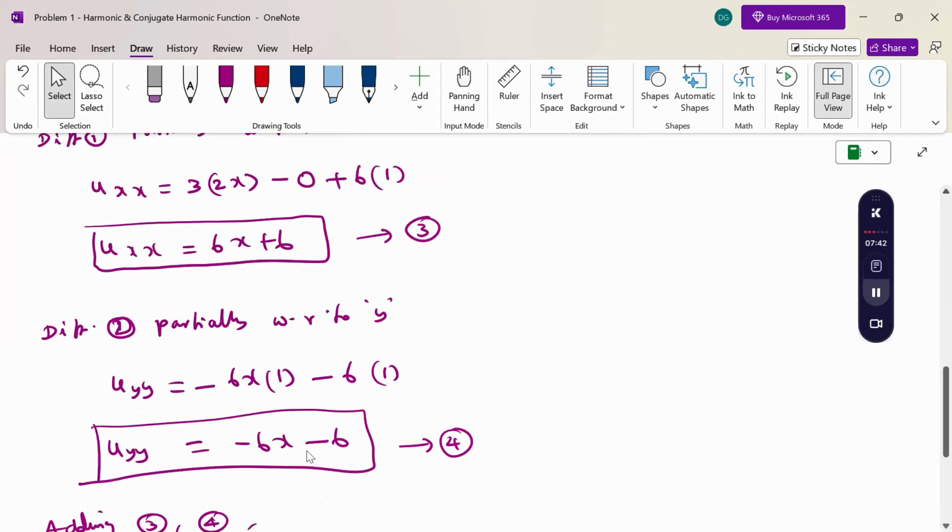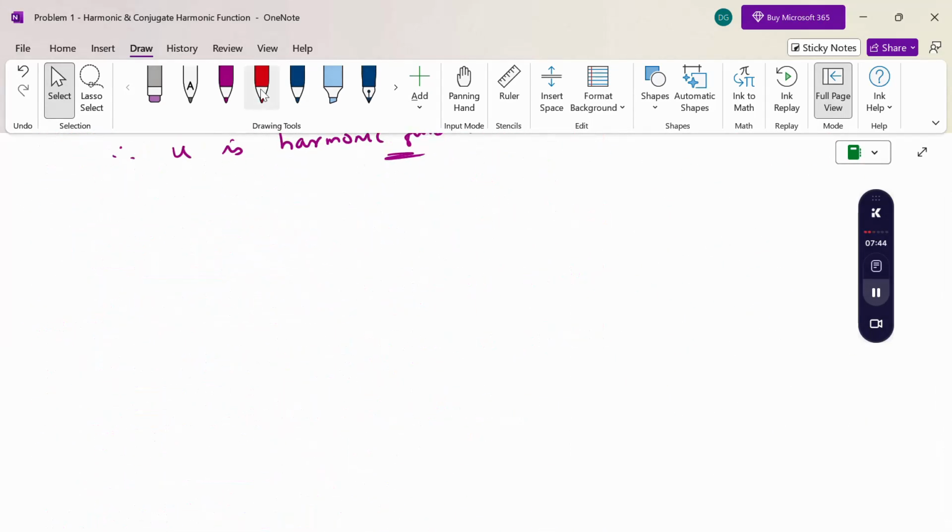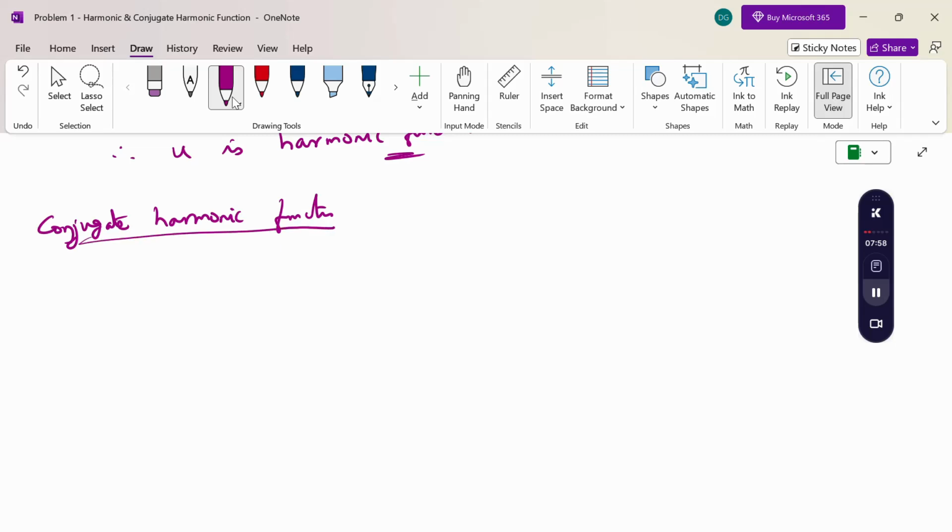Now first, the conjugate harmonic function. When u is given, to find v.